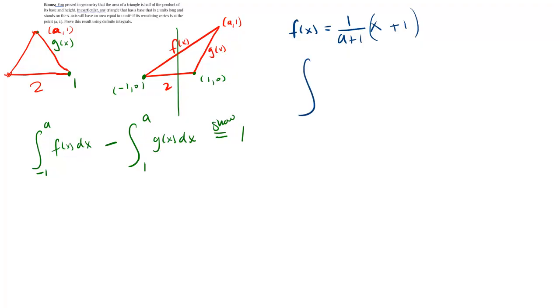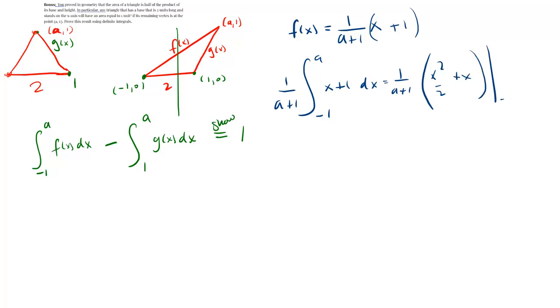So we could do that real quick. So integral from -1 to a of this stuff. I'm going to go ahead and pull the 1 over a plus 1 out in front because I don't need it. X plus 1 dx. This a plus 1 is coming along for the ride. I'd have x squared over 2 plus x, plugging in -1 and a.